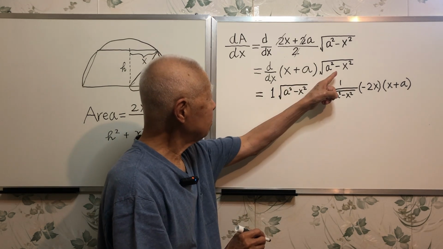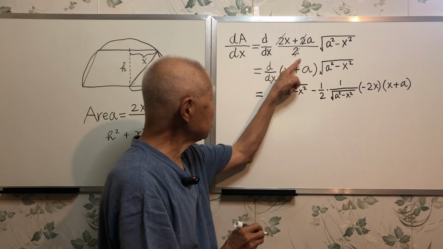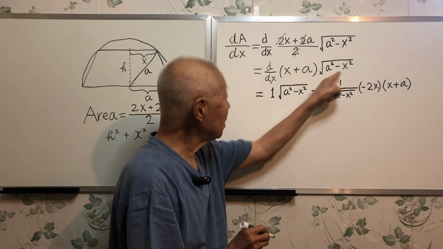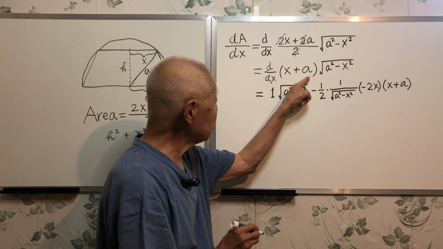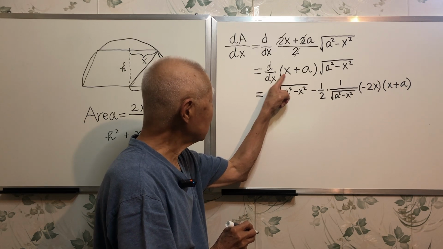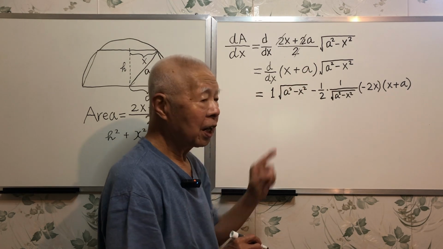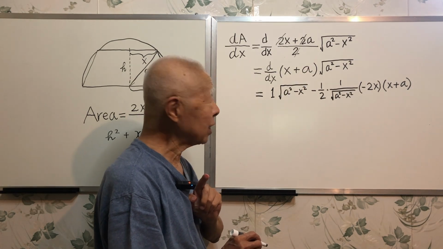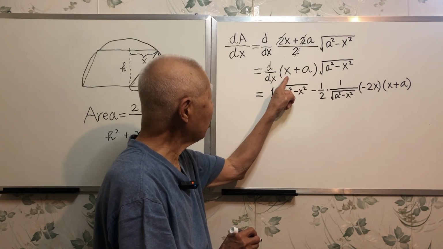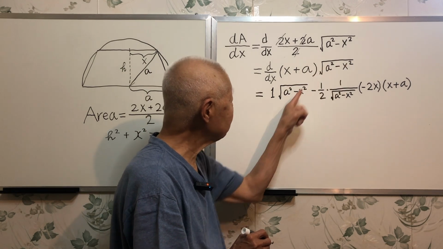Product rule. The derivative of this multiplies this. The derivative of x is 1. The derivative of a is a given radius, which is a constant, so it's 0. So I only get 1. Multiply this part.